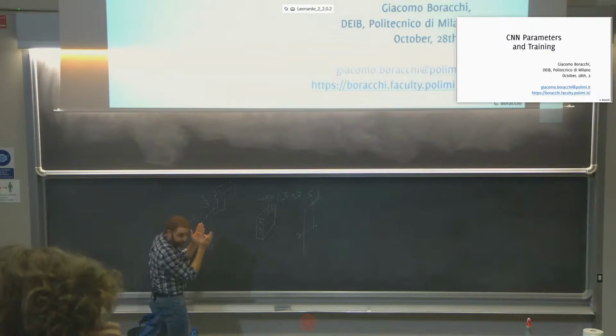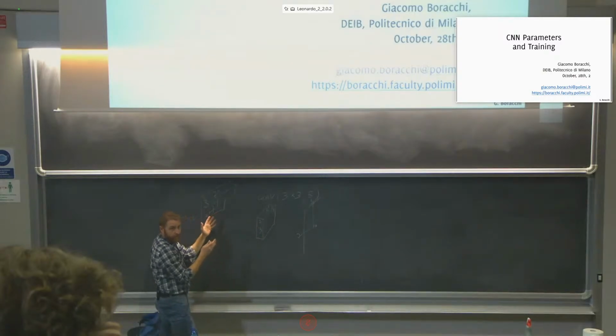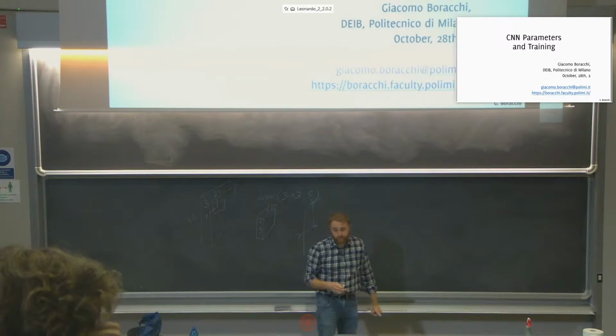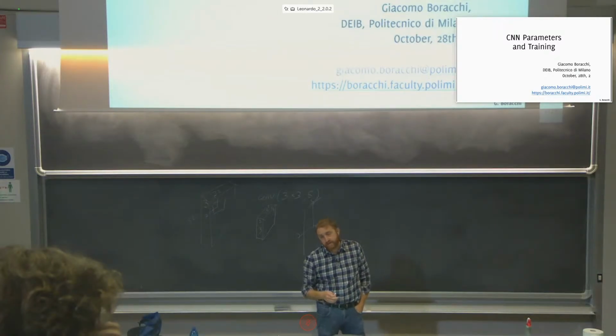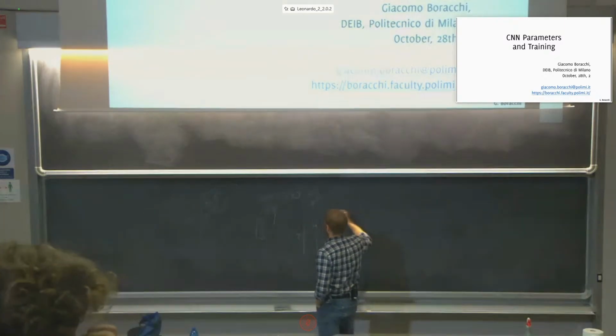You compute the product element-wise. Then taking these as the weights and these as the inputs, you sum them all and you get a number. The sum is made over all the 3 channels. And now you have 5 of these. So you will have 5 slices in the output.